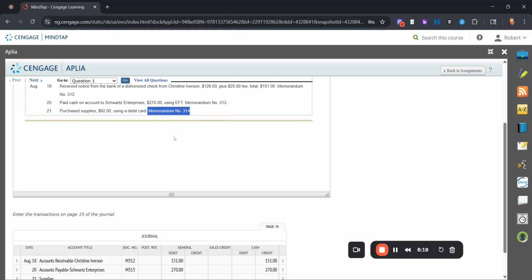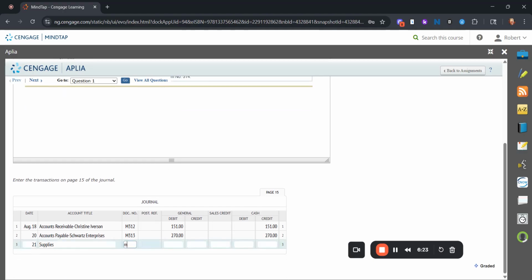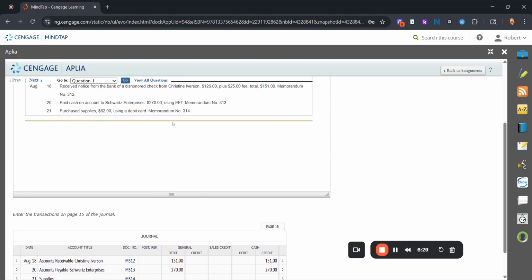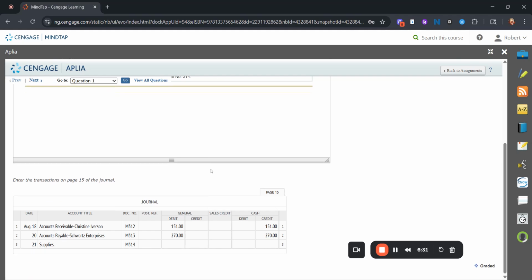That's memo 314, so M314. $62. Bought $62 worth of supplies. So supplies, asset increase. Asset increases go as a debit. So $62 there.